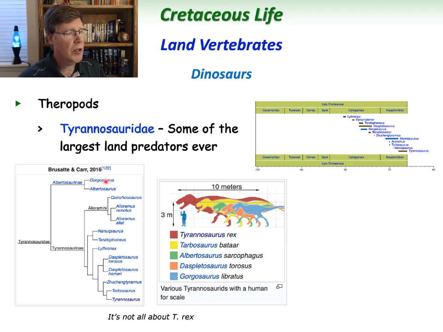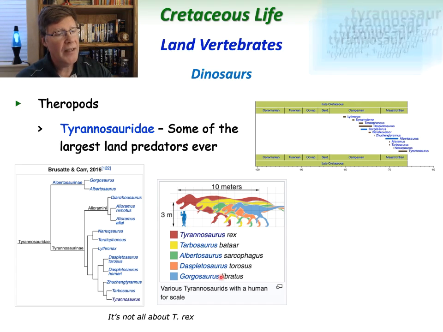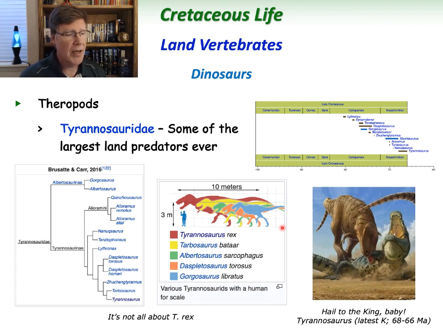The Gorgosaurus is the smaller one, and these tyrannosaurs over here are all these other forms, and they all look pretty similar, except some are bigger than others. Daspletosaurus, Albertosaurus, Tarbosaurus, and then finally T-Rex, the king. Pretty much lived right at the end, 66 to about 68 million years ago. That was T-Rex. Hail to the king, baby.